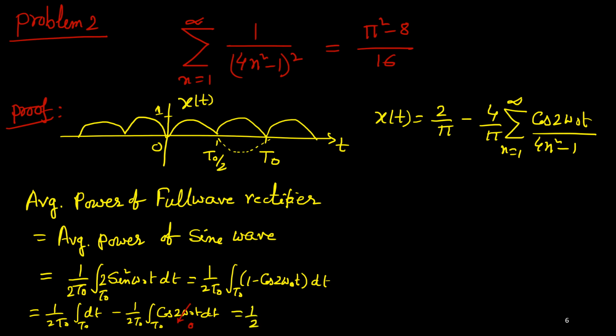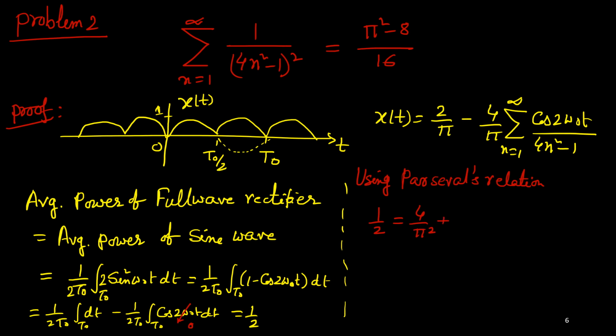Okay, so if I use Parseval's relation, this average power is half. This is equal to the first term, which is squared, so 4 upon pi square, plus half the summation of a_n square plus b_n square, and here you only have a_n.